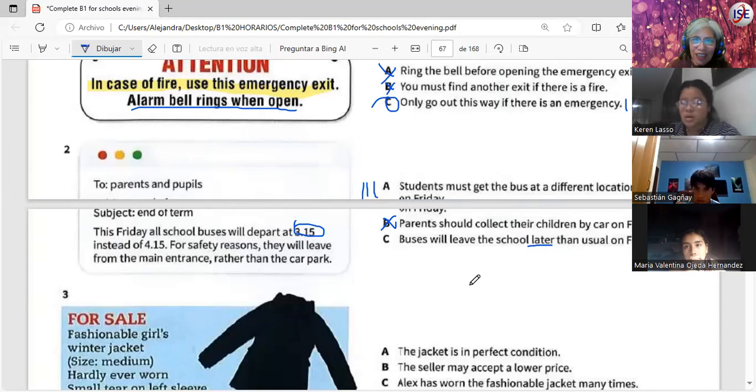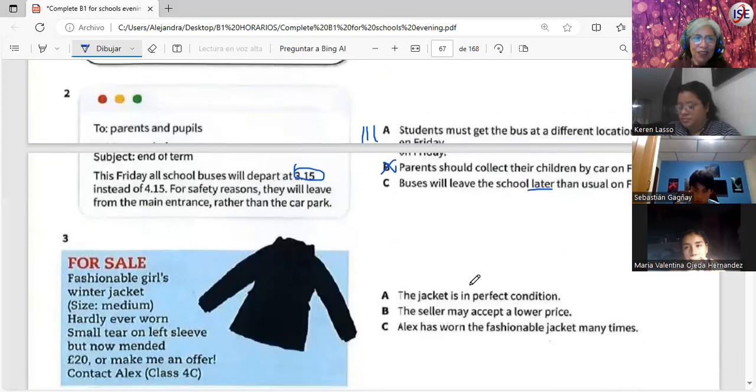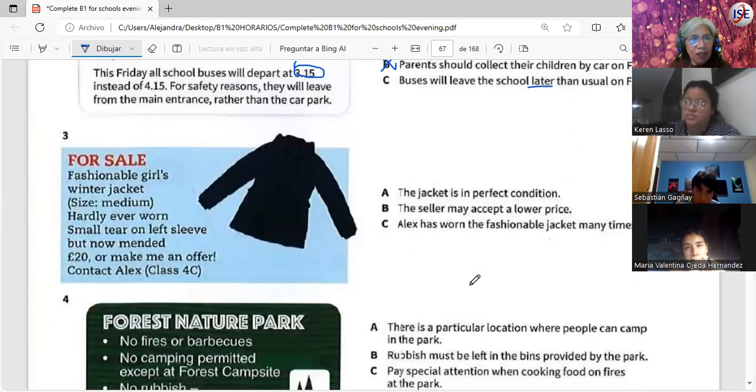Okay? Not later, earlier. For sale, fashionable girls' winter jacket, size medium, hardly ever worn, small tear on left sleeve, but now mended. Mended means fixed. 20 pounds or make me an offer. Contact Alex, class 4C.